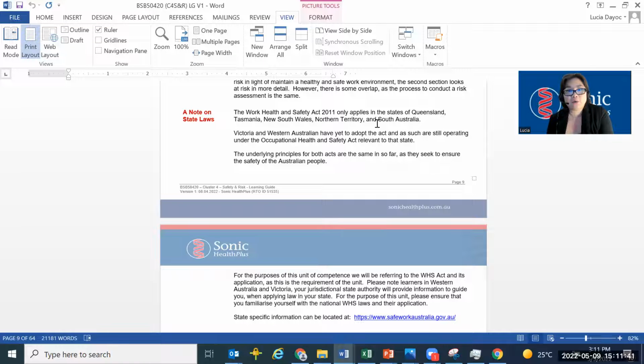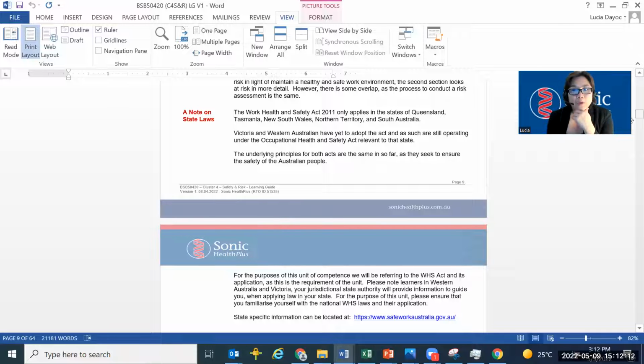BSB WHS 502, or 523, I'm sorry, 523 talks about how you can ensure the safety within a work area, not just a workplace. Because a workplace could have different elements to it. But when you say work area, it's exactly what affects you and what you can actually impact and who you can impact where you are, all right?